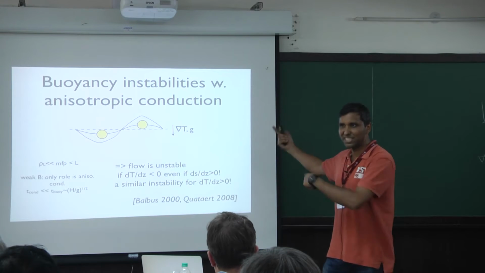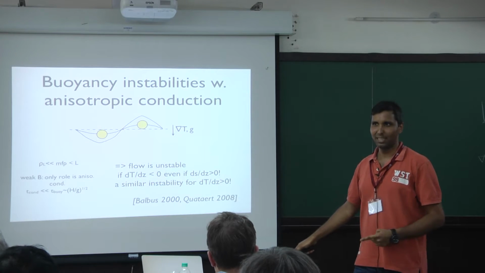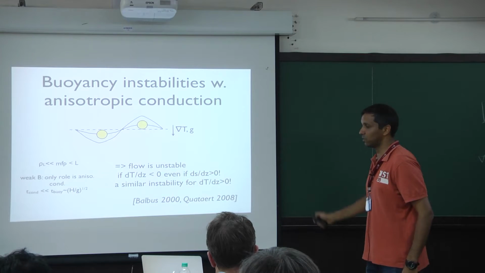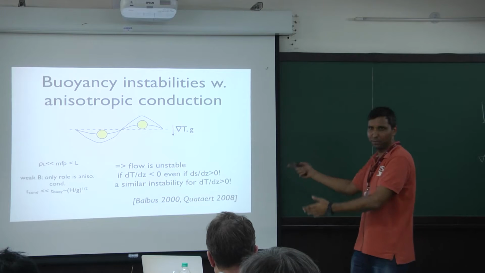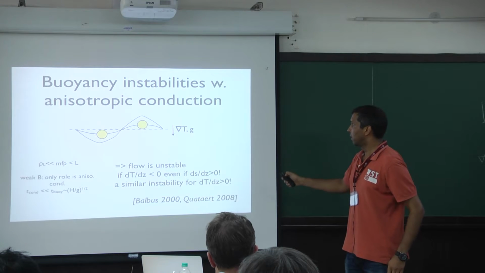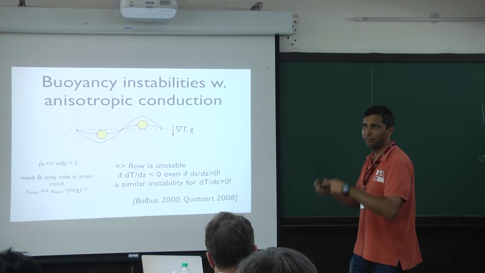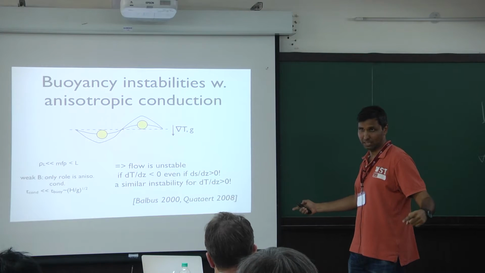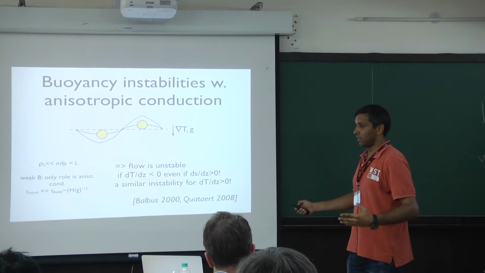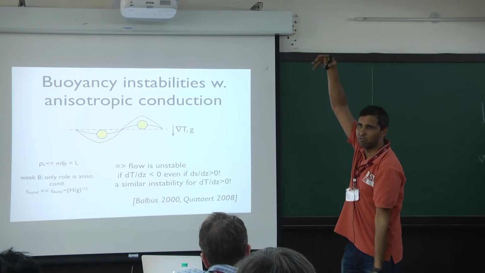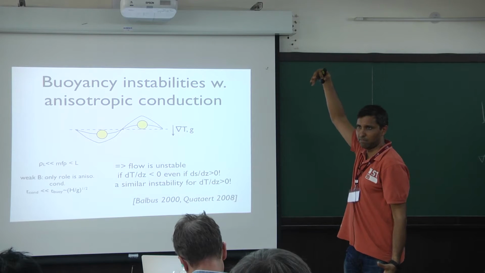So basically it's even simpler than the previous case because you didn't have to do any Taylor series expansion because the field lines are isothermal. But if you do the mathematics, you get this. So what this means is that if your temperature is maximum at the bottom and if your conductivity is large, this is an unstable configuration. Magnetic field lines would want to become vertical. Okay.